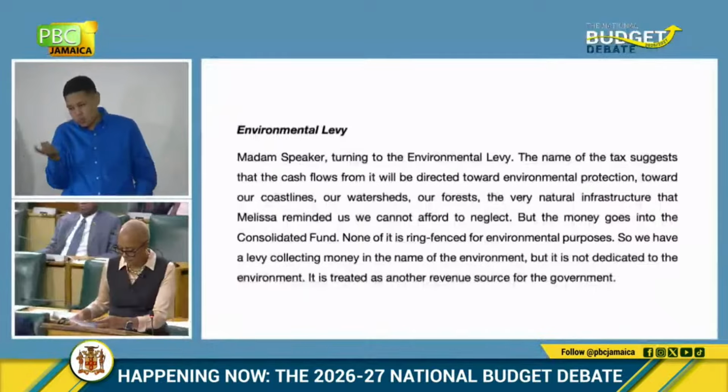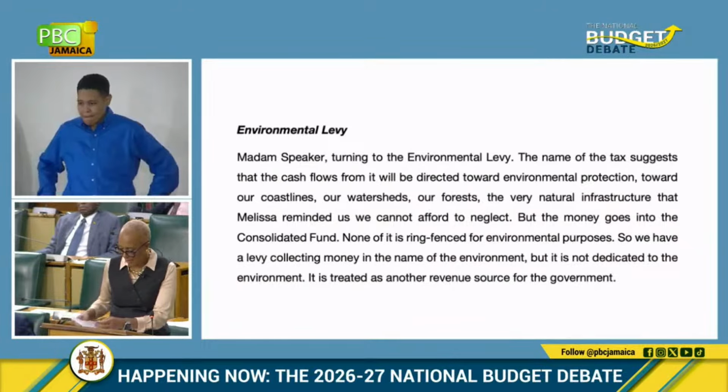Madam Speaker, both the opposition leader and the opposition spokesman on finance said the Environmental Protection Levy will be going to the Consolidated Fund. Here's what they said.